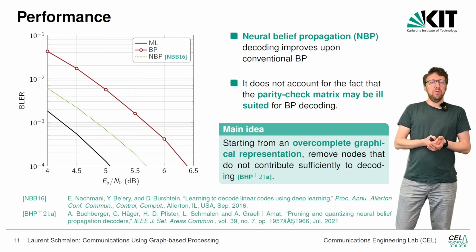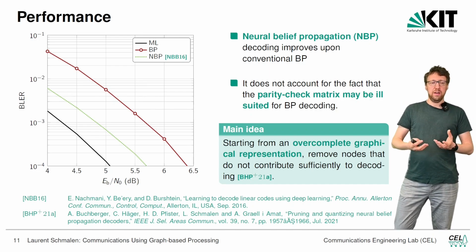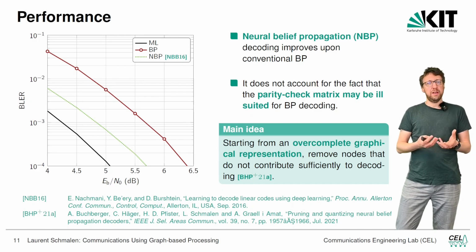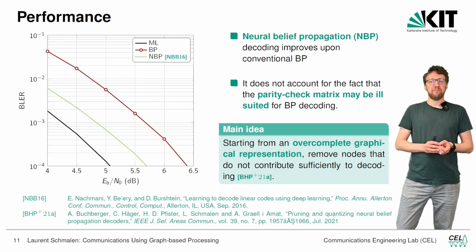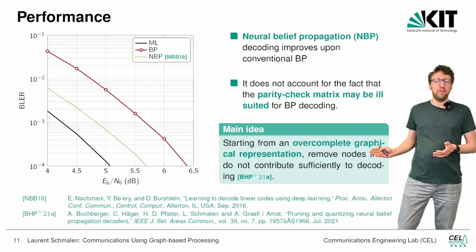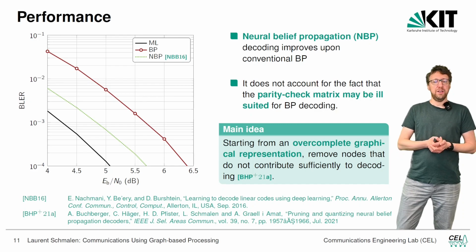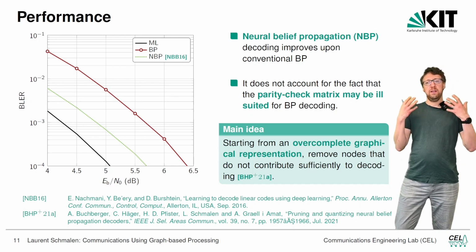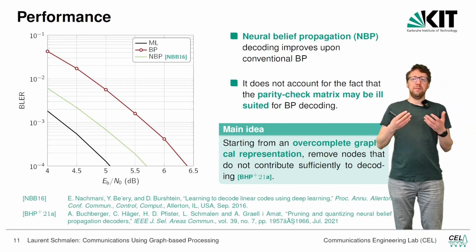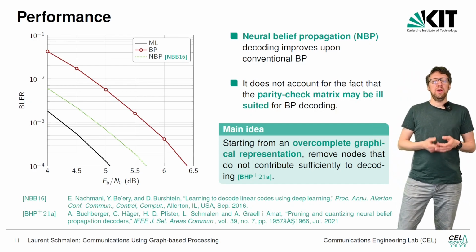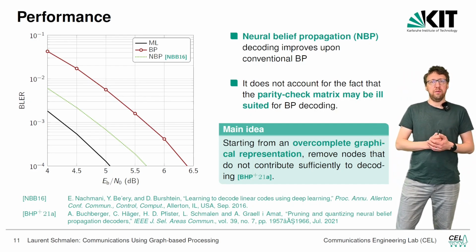So what we can do is we can try to learn the graphical representation or the parity check matrix of the code that is best suited for decoding. How do we do this? We do this by starting from an overcomplete graphical representation that essentially represents more than is actually needed, and then we remove some nodes that do not contribute to the decoding performance.